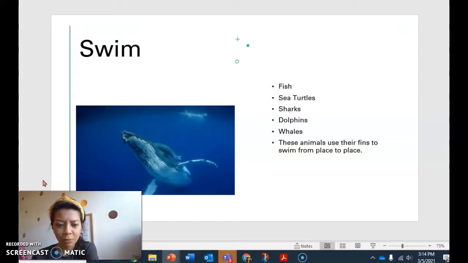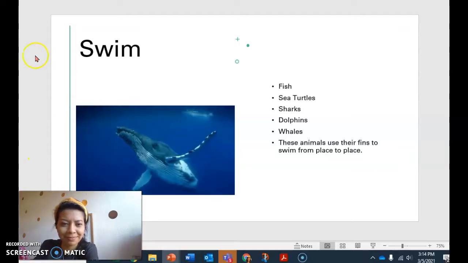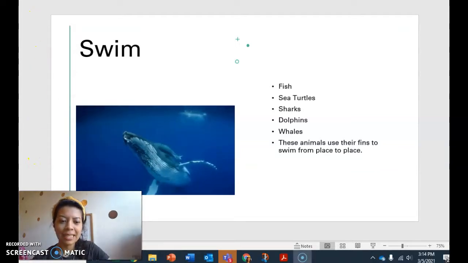What other animal can you think of that is also able to swim? Different types of sea animals only swim, like crabs, seals, shrimp, and seahorses. All of these animals are able to swim from one side of the ocean to the other.